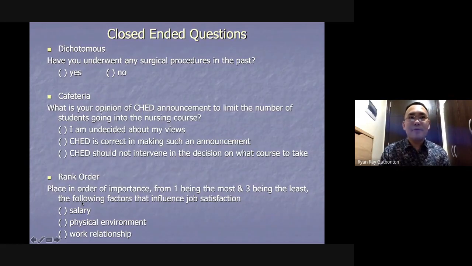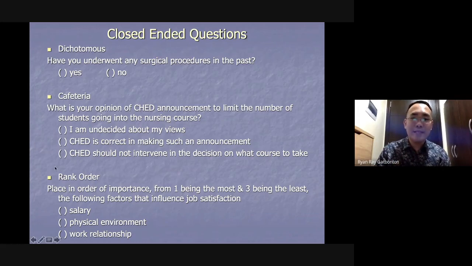Now, one of the questions that you can use in your questionnaire can be close-ended questions. Your close-ended questions can come in different forms. If you are given two choices to answer for your question, that is a dichotomous close-ended question. If you are given choices as if you're in a cafeteria, pipili ka na lang, ituturo mo na lang kung anong sagot.